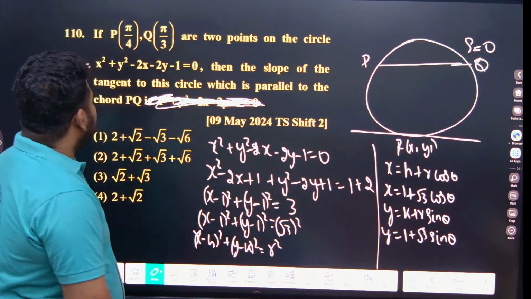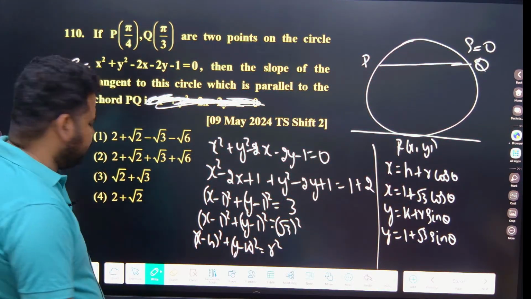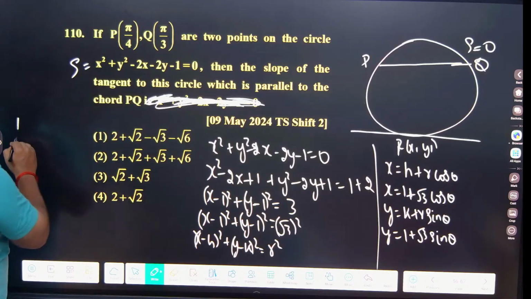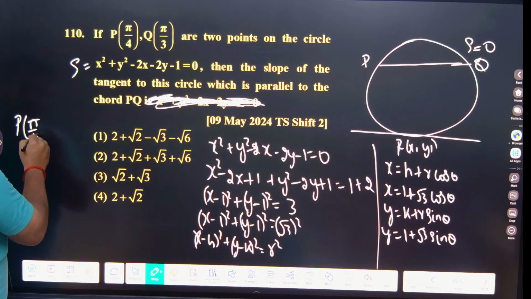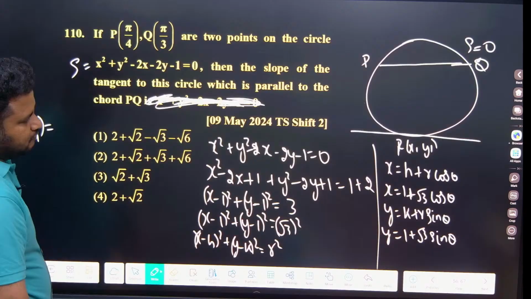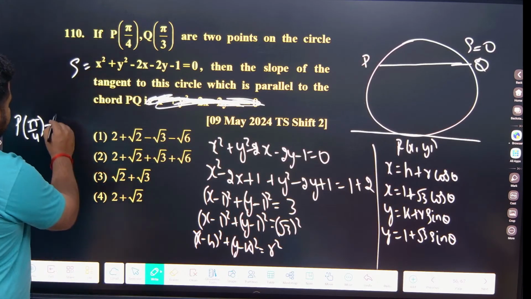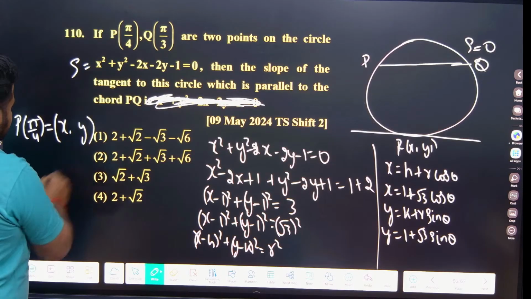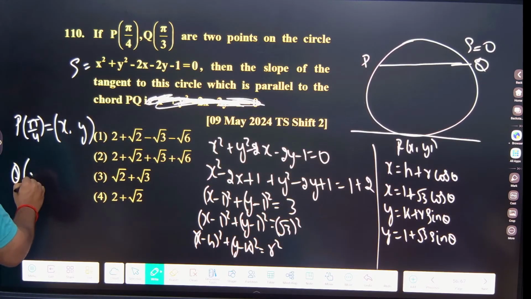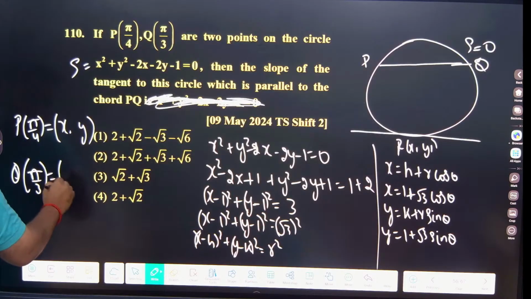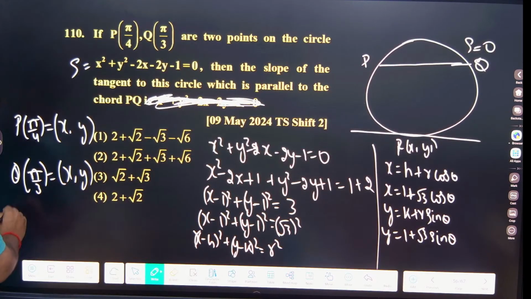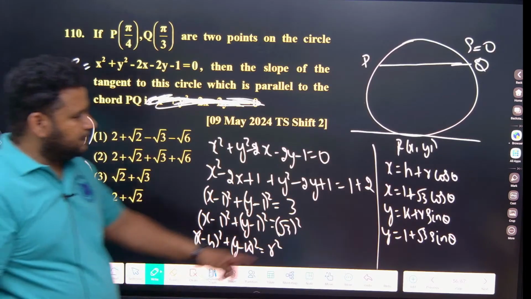Now I want P and Q. Means see here what is given? P is P of pi by 4, Q is Q of pi by 3. I want both as x comma y. Now P of pi by 4: x is 1 plus root 3 cos theta.